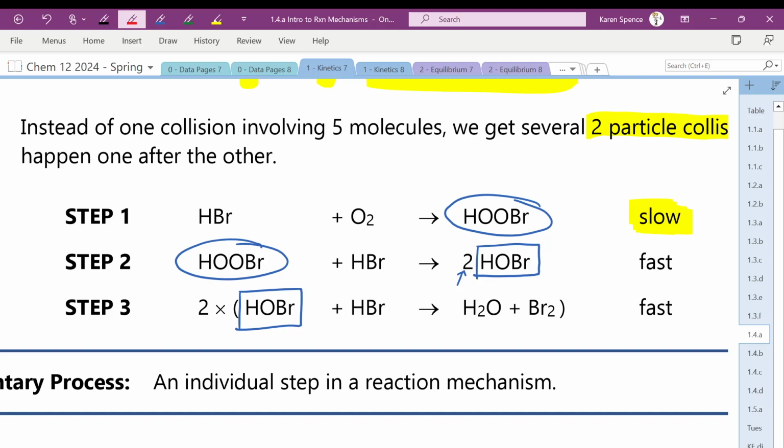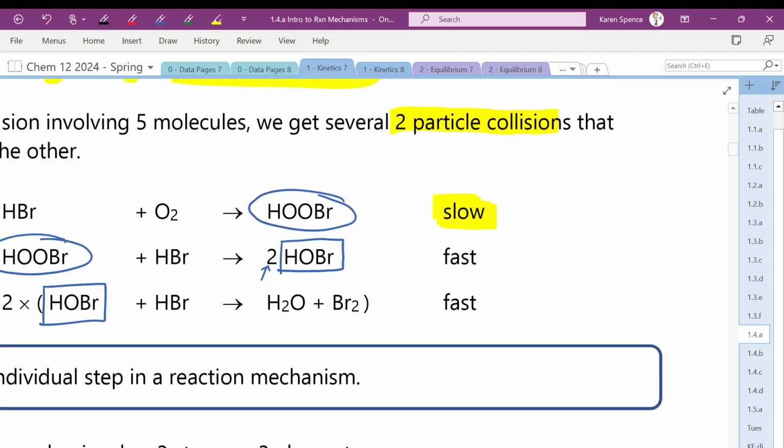We labeled that slowest step as slow. Everything else gets labeled as fast. Okay, so there's one slow step, everything else is labeled as fast because we're only really concerned about the slowest step. So the slowest, oh my God, I can't write.